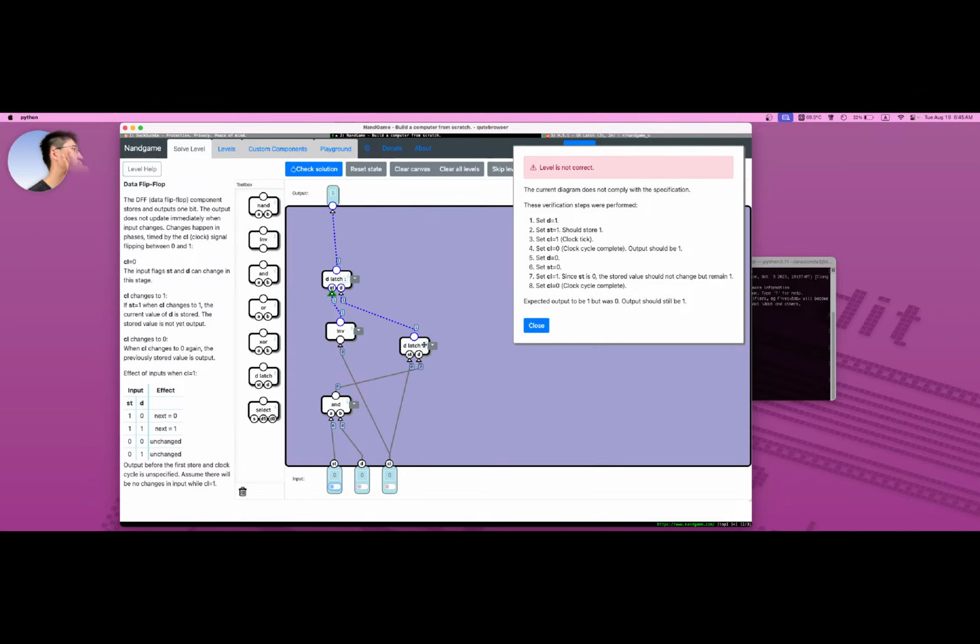Set standard to 0. Nothing changed. Set clock to 1. Here we have a problem. See where we have a problem. When clock is 1, the stored value should not change but remain.